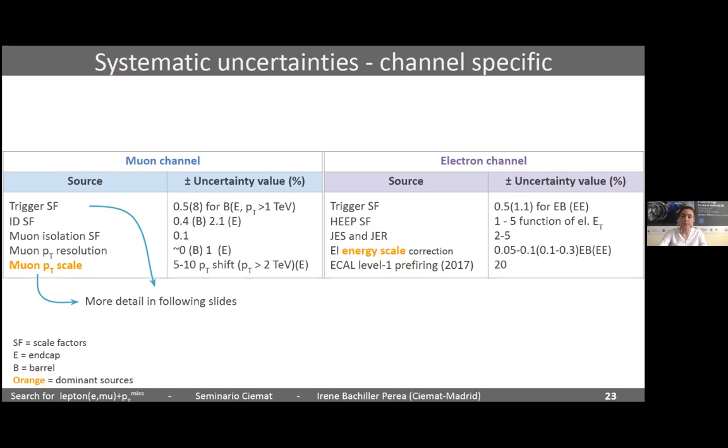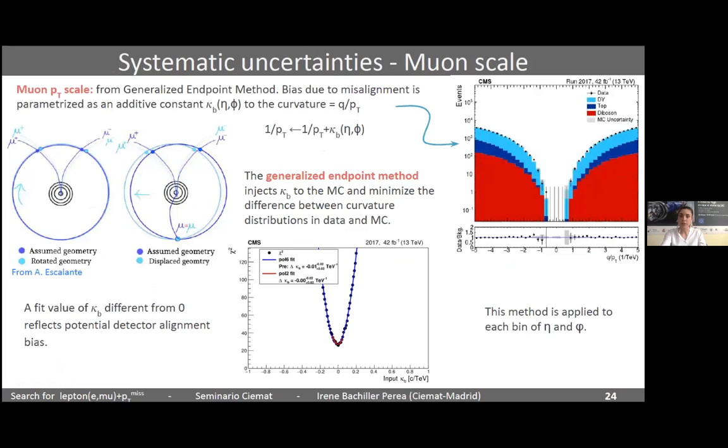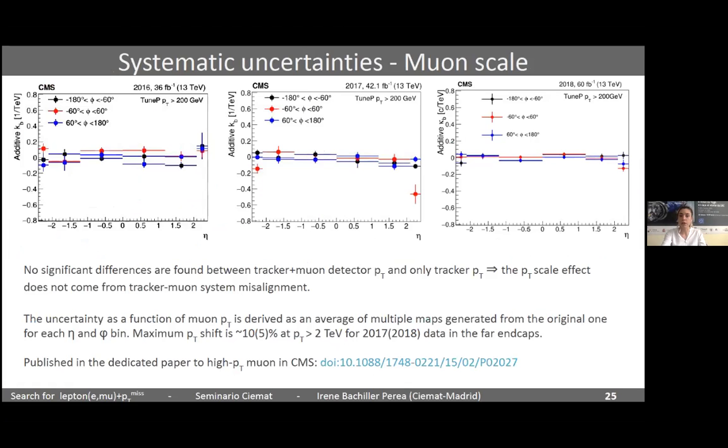So they obtain values now in the energy scale, and then they apply a correction already. So it's different because in the muon channel, what we do is we extract the scale, and from there we introduce a systematic uncertainty.